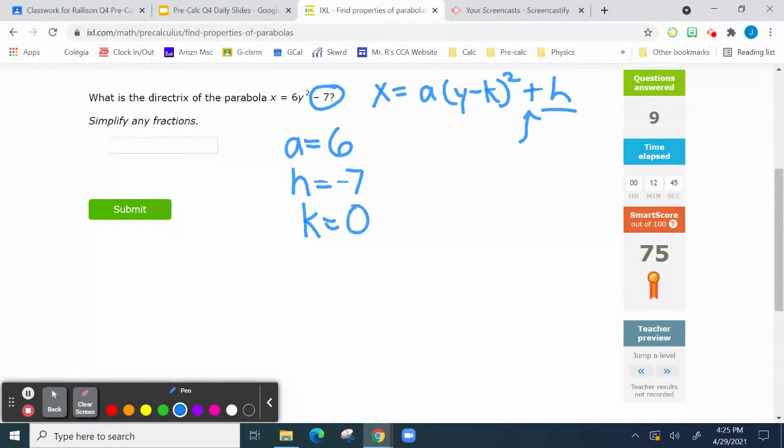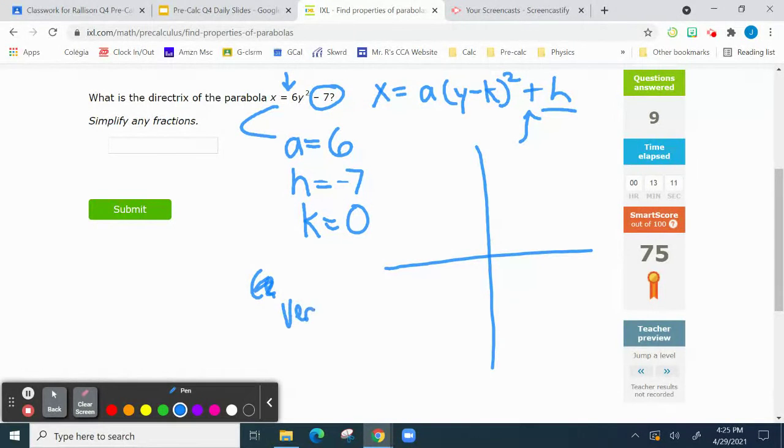Nope, we don't have a k. So that's 0. So let's just make sure we know what we're doing here. It's an x equals y squared, so it's going to open left or right. And it's positive right here. So it's going to open up to the right like this.